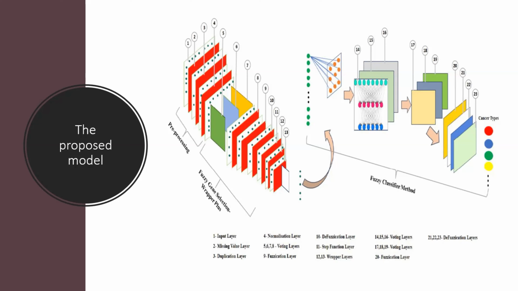After that, we build a fuzzy classifier method, which starts with three classifier models. Therefore, we apply fuzzification and defuzzification. This other paper has already been published in the IEEE Access journal, which is the fuzzy classifier method.